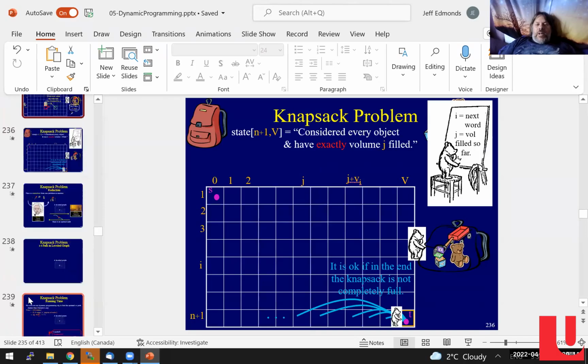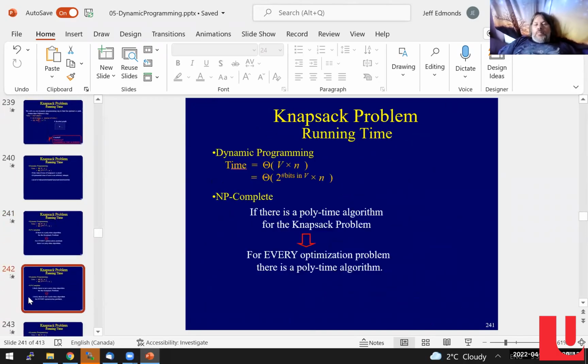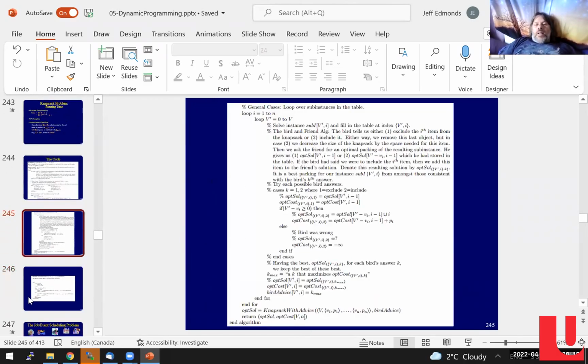My job is to put the first i objects into the knapsack, and I don't know how to do that. As people have said, it's hard to figure out what to put in the knapsack.